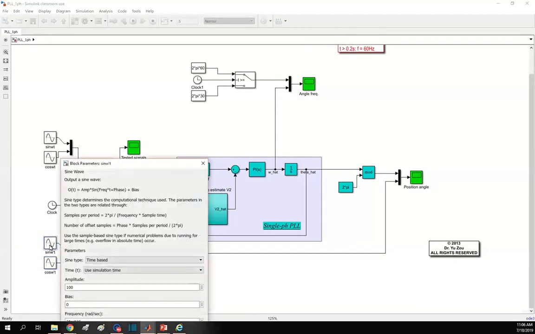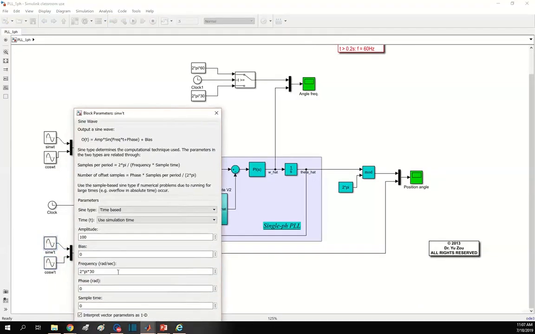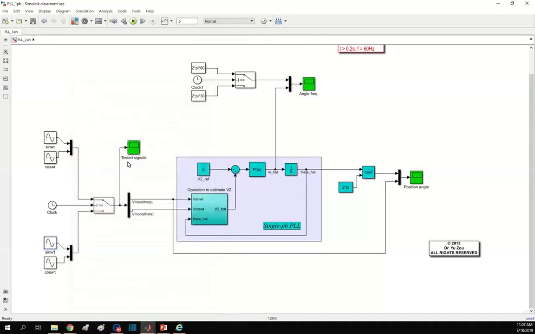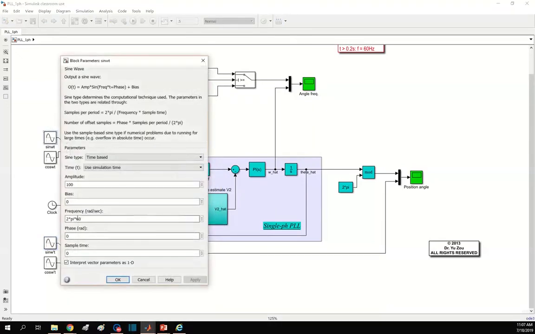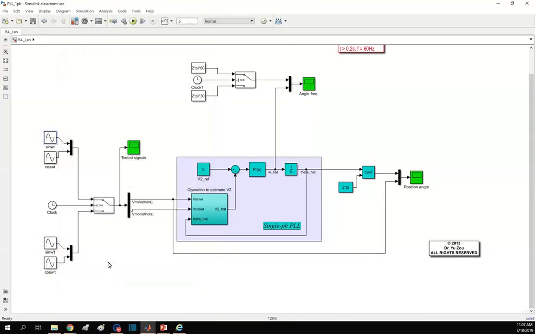Here we can see the frequency is 30 Hertz, and after 0.2 seconds, the signal becomes 60 Hertz. So this input part has a dynamic that happens at exactly 0.2 seconds.